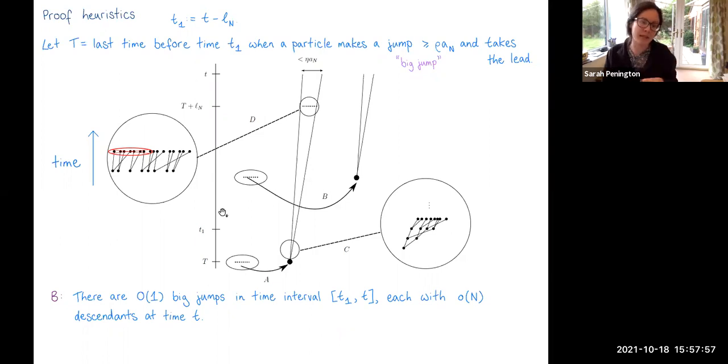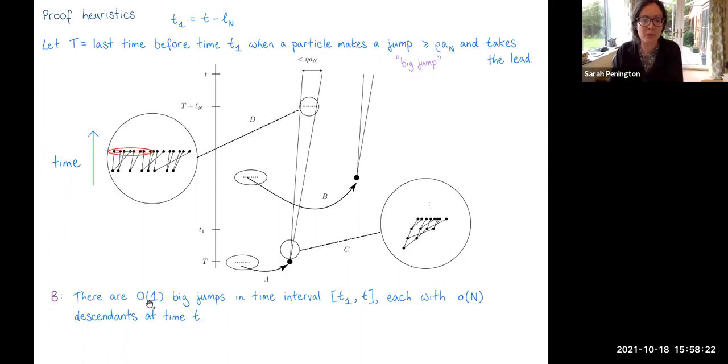And so they've got significantly less time than ln to build descendants by time t. And because you can only build 2 to the s descendants in time s, that means that they'll have much fewer than n descendants at time t. So they'll be growing a tribe of descendants like this particle here, but they'll have much fewer than n descendants by time t.